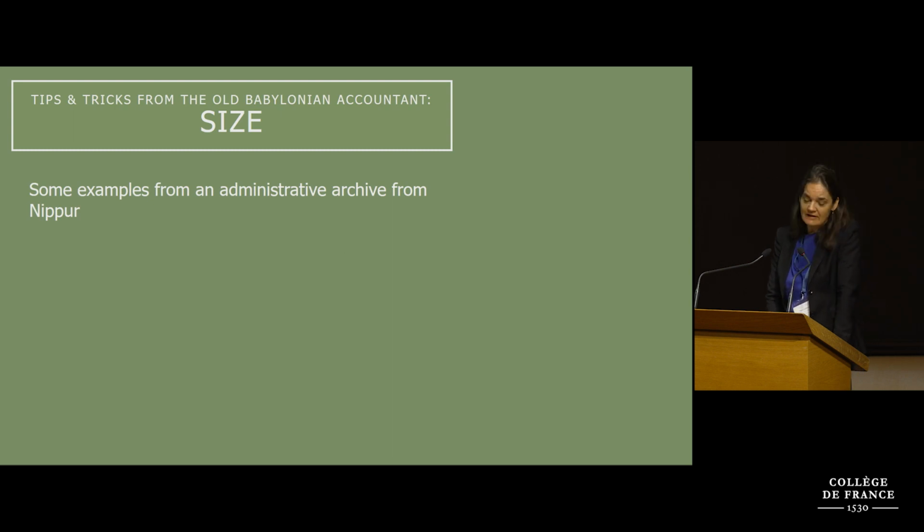So if we look at the size, well, what determines the size of a tablet? Basically, the amount of text you want to write on the tablet. Wiebke just talked about these divisions of inheritance, and in the Zigu family, the divisions of inheritance of the first generations are huge, have 4 columns on each side, and the most recent ones are much smaller.